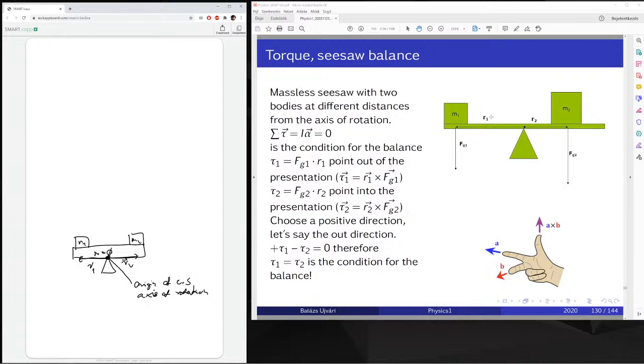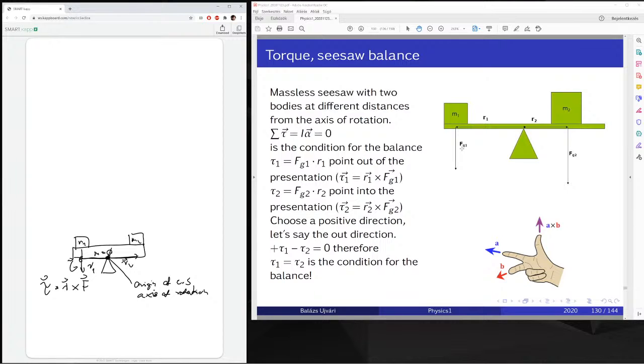By definition, the torque equals R cross F. If you use your right hand, the A means the R and the B means the force. Can you answer what is the direction of R cross weight?